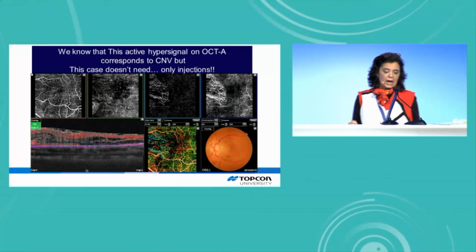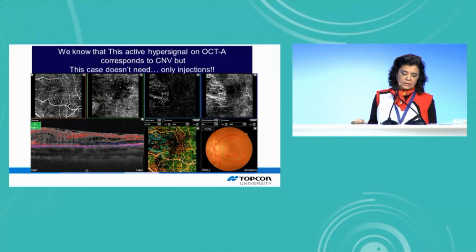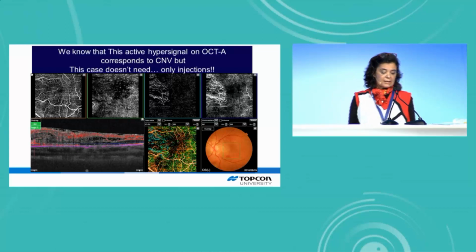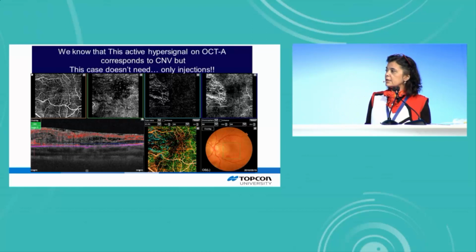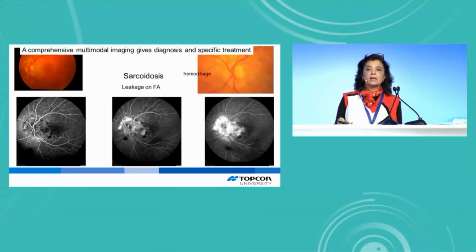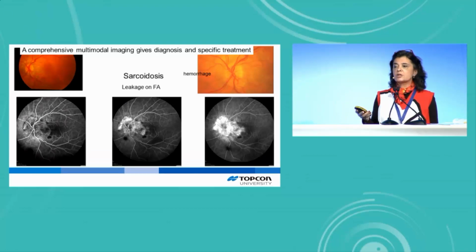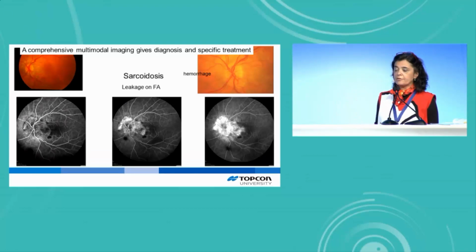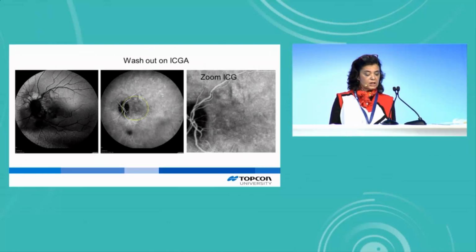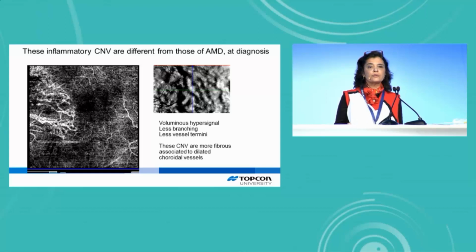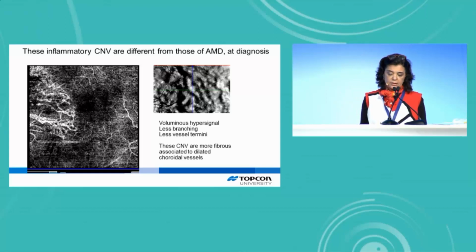We know that this active hypersignal on OCT-A corresponds to CNV, but this case doesn't need only injection. A comprehensive multimodal imaging gave diagnosis and specific treatment of sarcoidosis with leakage on FA measured on ICGA. These inflammatory CNV are different from those of AMD at diagnosis.